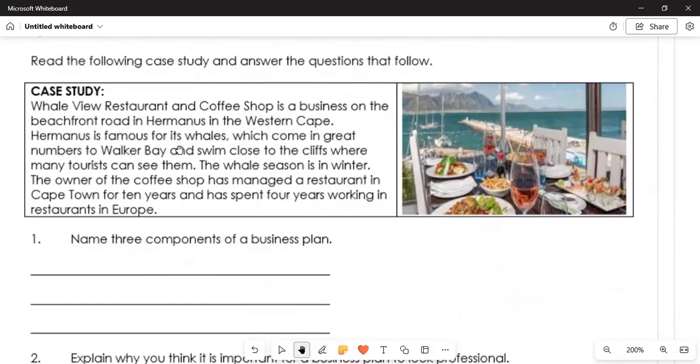Hermanus is famous for its whales, which come in great numbers to Walker Bay and swim close to the cliffs, where many tourists can see them. The whale season is in winter. The owner of the coffee shop has managed a restaurant in Cape Town for 10 years and has spent 4 years working in a restaurant in Europe.